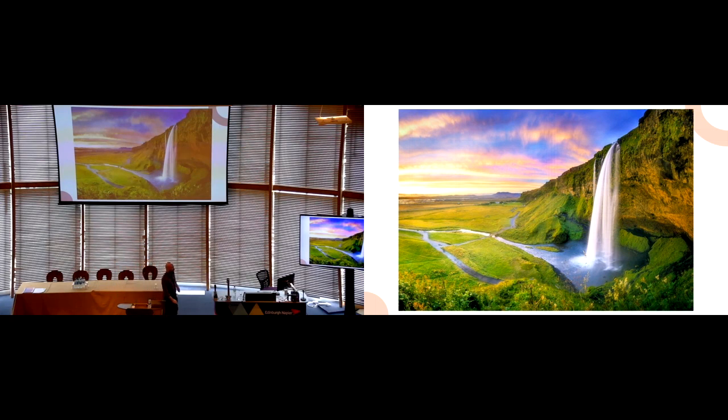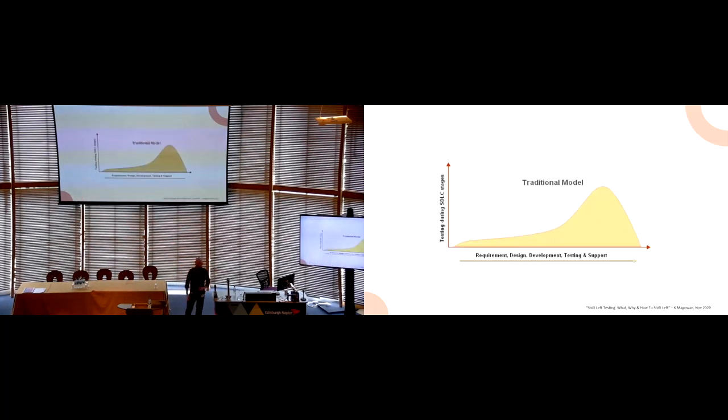We did go towards agile software development, where we have the idea of sprints, and we have small-sized chunks of developing software. We can change things on the fly. We're not committed to a course of action. And really, this is where the world of testing has started to catch up as well, where we have the traditional model of testing, which happens at the very end. So maybe in the release pipeline, you do some form of unit testing, you do some form of integration testing, and so on and so forth.